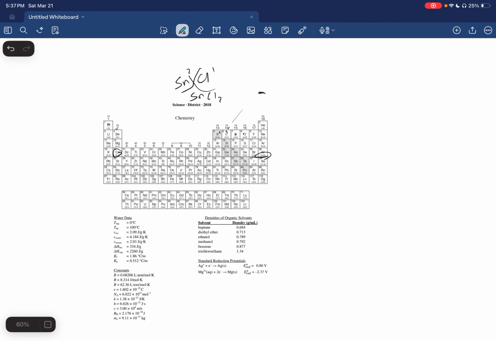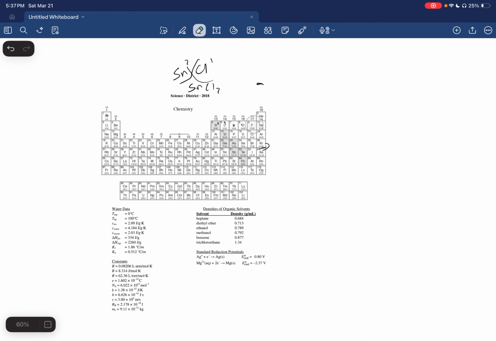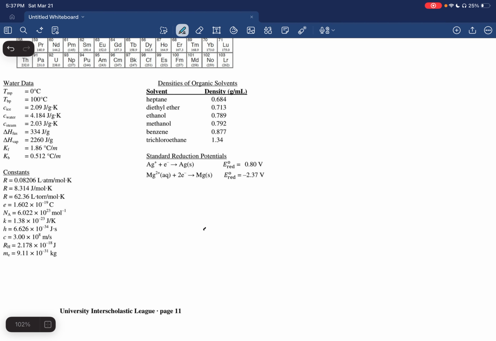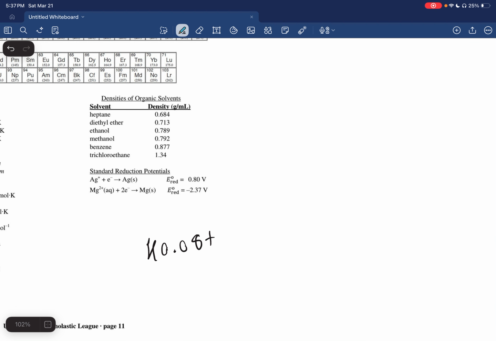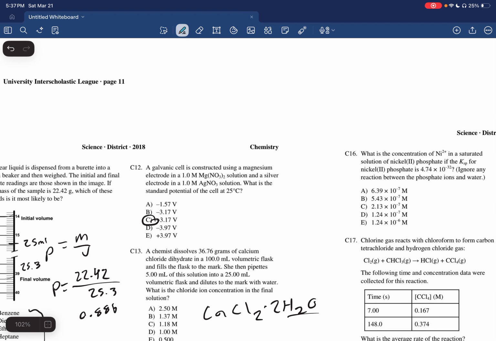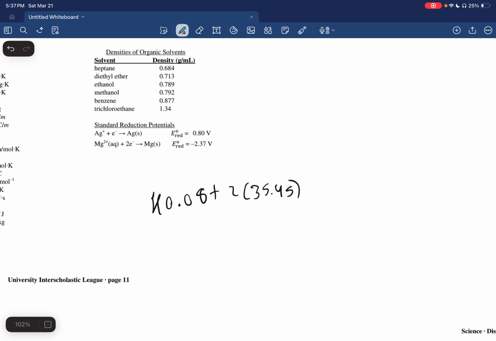So calcium, we have 1. Calcium has a molar mass of 40.08, plus 2 chlorines, so 2 times 35.45, plus 2 water molecules, so we have 2 times 18.